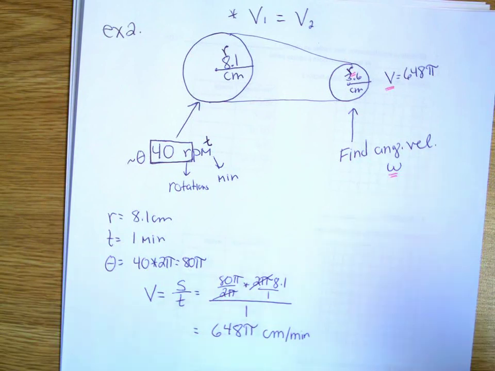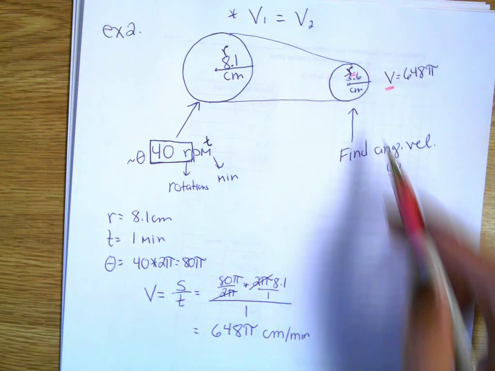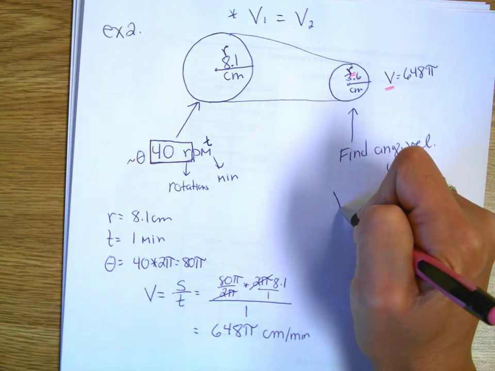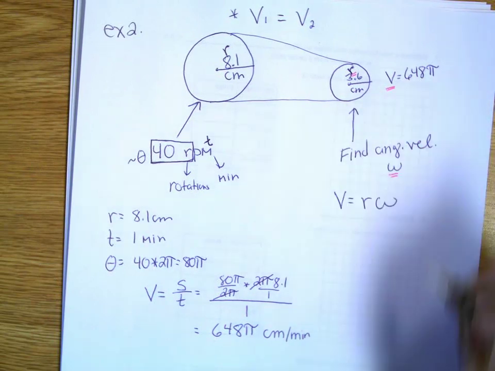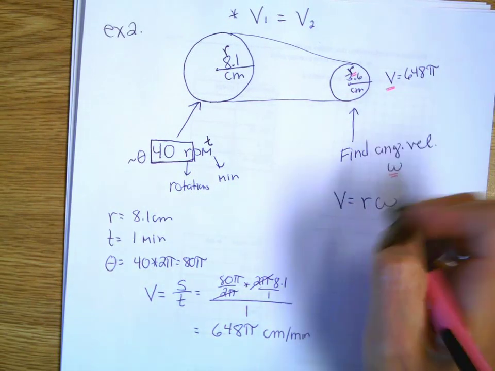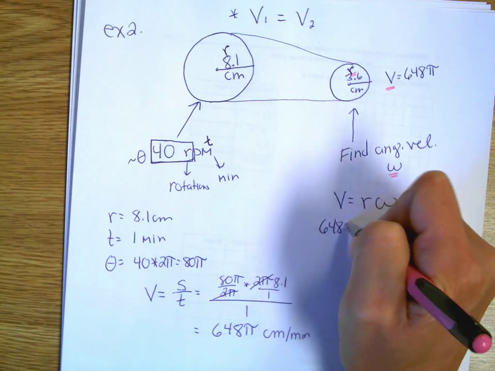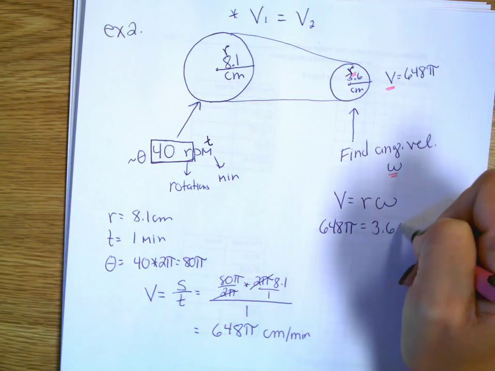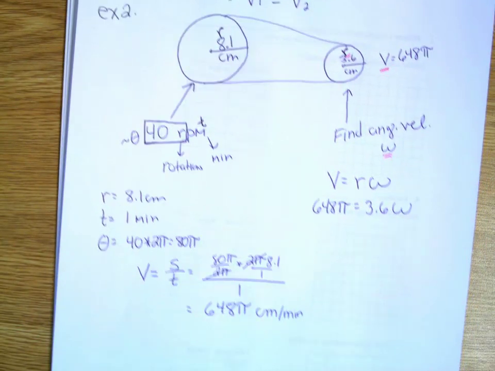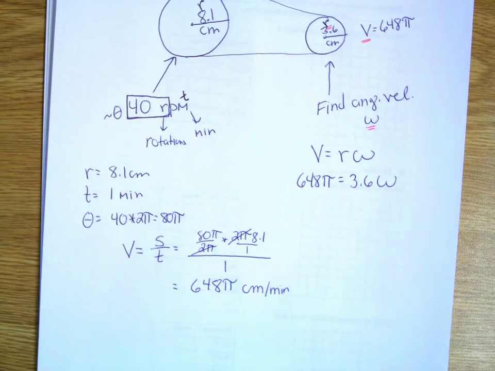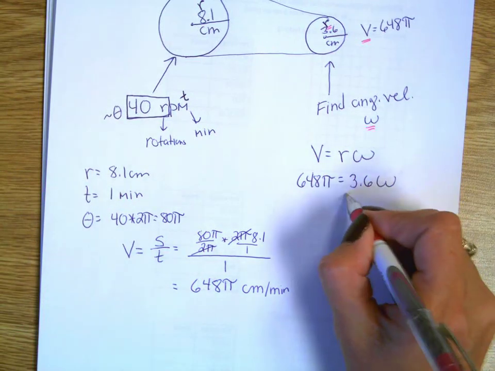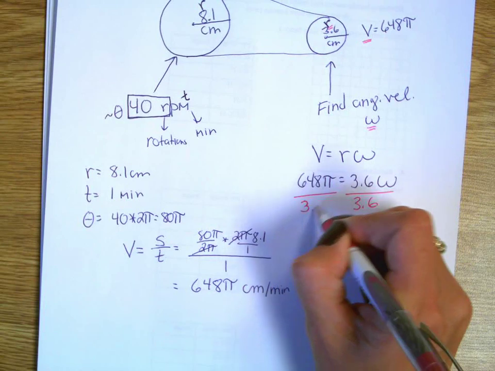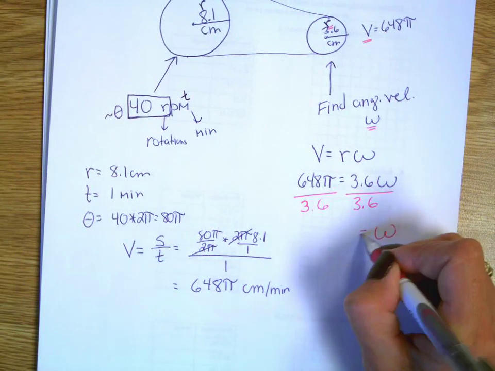So if you label everything, including what you're looking for, it's pretty easy to pick out the formula that you should be using most of the time. So big V is 648 pi. Radius is 3.6. W is what we're trying to find. Now it's just algebra.